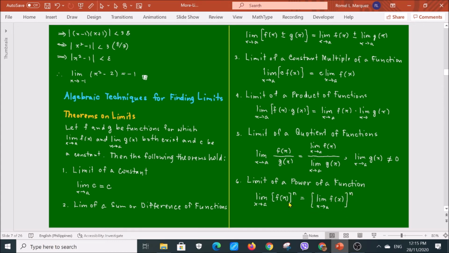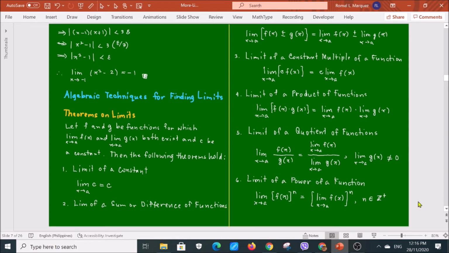So again, the limit of a power is equal to the limit of the base of the power raised to n. So I can raise the limit of f of x to n, no? So you will get the same. Okay? Where n here is a positive integer. So we assume that n is a positive integer.